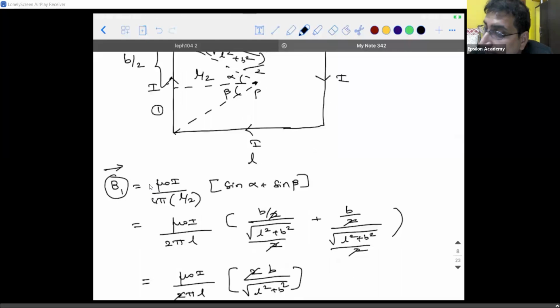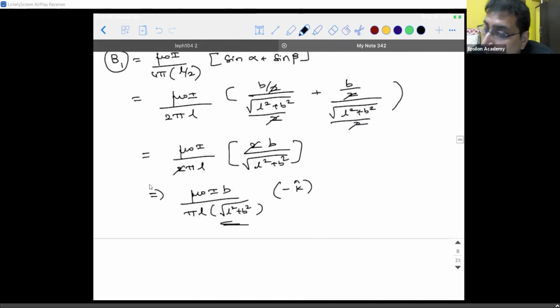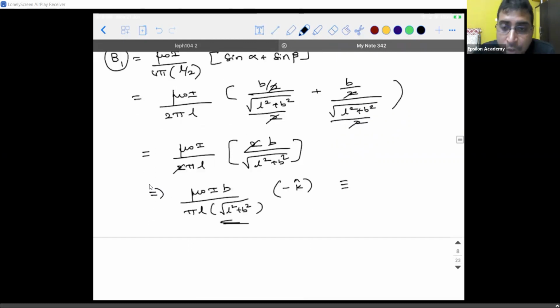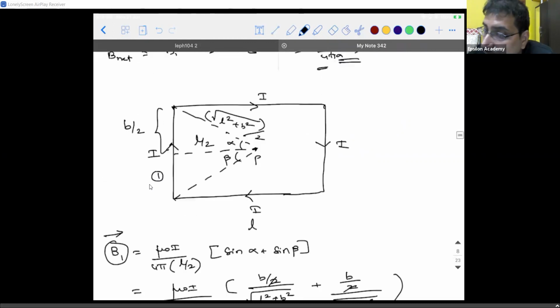It is into the plane, which is minus k cap. Always remember, whenever you have the current flowing in the clockwise direction, the magnetic field is always into the plane. Okay. Similarly, this value will be exactly equal to the magnetic field due to another conductor. Tell me, you need not sit and solve. Based on symmetry, you can tell me. B1 will be exactly equal to something else.